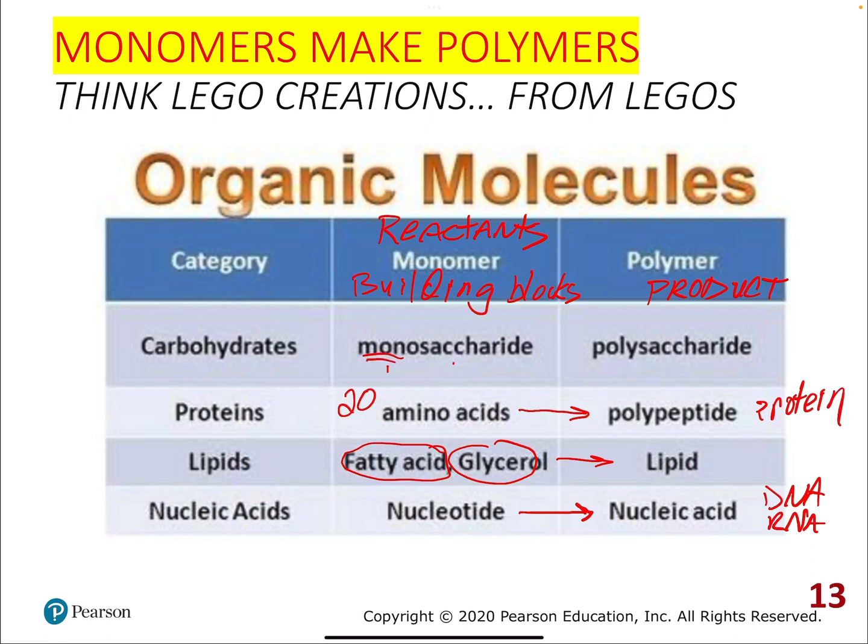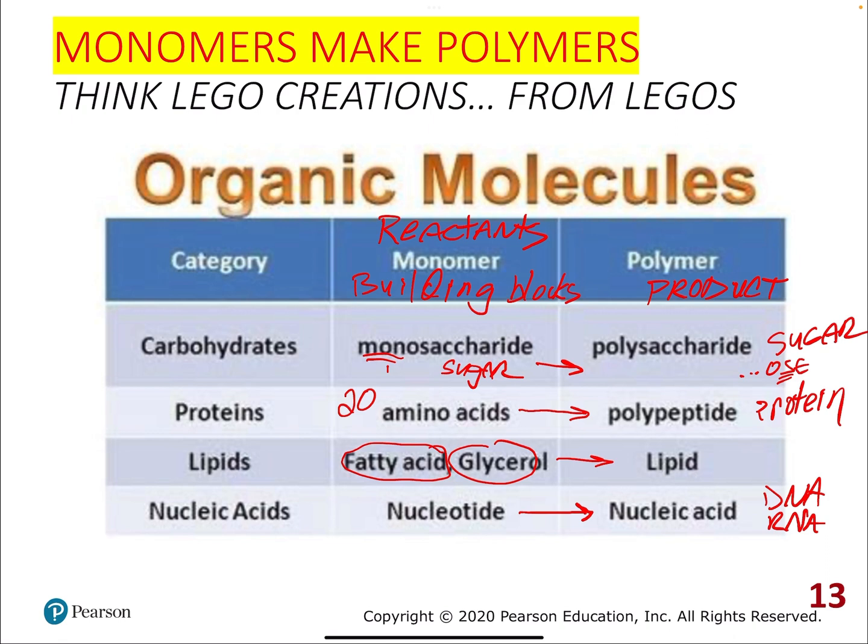Monosaccharides are one piece of sugar. You bring those together and you make a many sugar. That might be a double sugar, disaccharide, a trisaccharide, which is a three sugar. After that, many up to thousands, polysaccharide, which are sugars. By the way, all sugars end in the phrase OSE. Glucose, fructose, sucrose, galactose, maltose, those are ending in OSE.